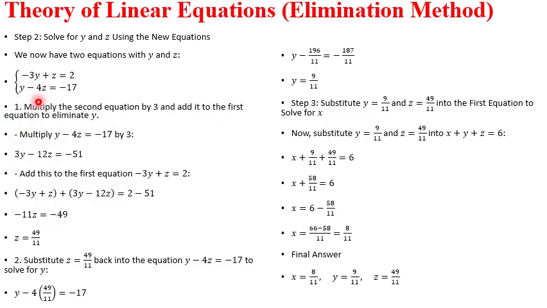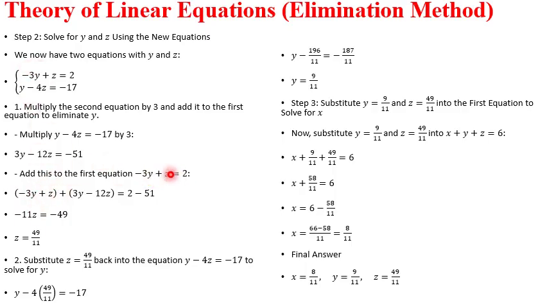When we multiply 3 by this equation, it gives us 3y minus 12z, equals minus 17 times 3, which is minus 51. So when we multiply 3 by this equation, we have this, and we can now add it to this.